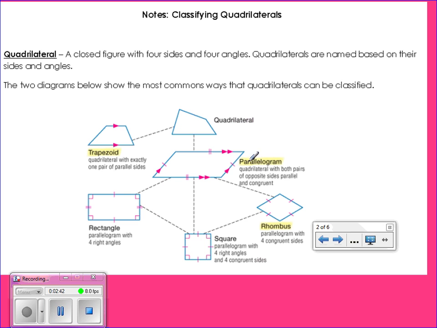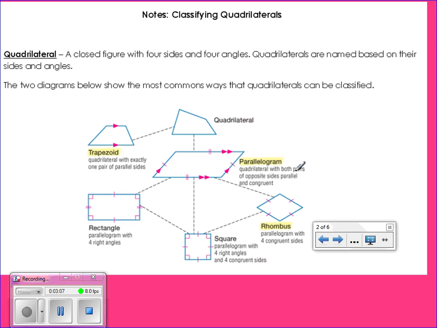And a parallelogram is a quadrilateral where the opposite sides are parallel, so you notice this line on the left, this line on the right, both have one arrow. That means these two lines are parallel. And then the top and the bottom have two arrows, which means these two lines are parallel. So these two and these two have two pairs of parallel lines. Okay?